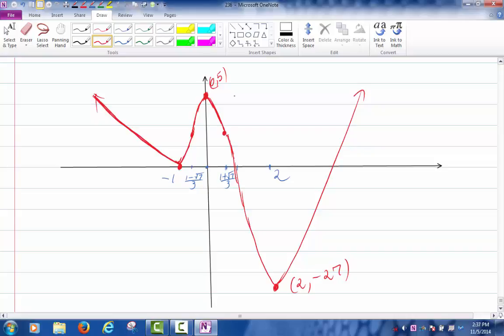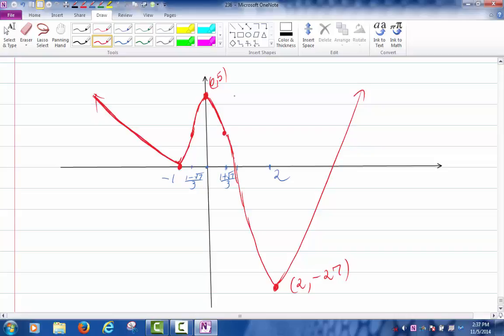In real life, probably none of you will draw the graph of a function by hand. You will basically use a computer algebra system. You'll say, here is the function, show me the graph, and it's just going to show you the graph. So what's the point of learning how to sketch the graph of a function?